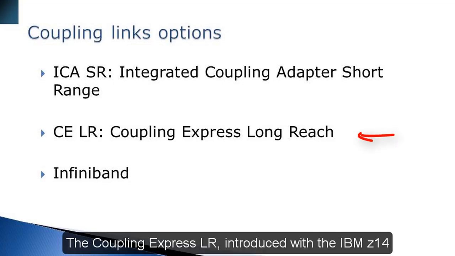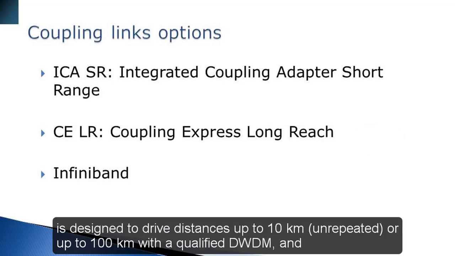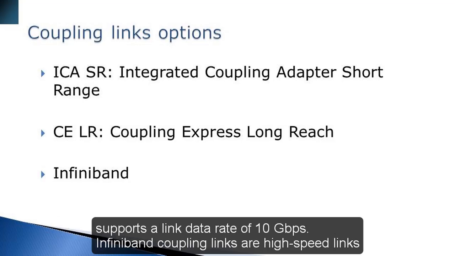The Coupling Express Long Reach, introduced with the IBM z14, is designed to drive distances up to 10 km unrepeated, or up to 100 km with a qualified DWDM, and supports a link data rate of 10 gigabit per second.